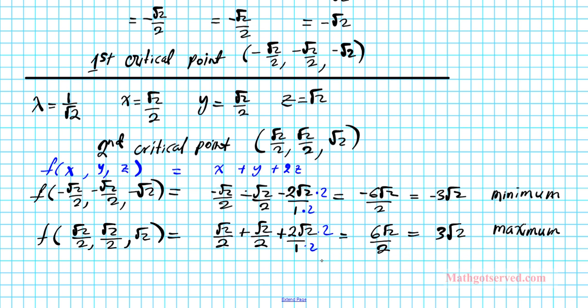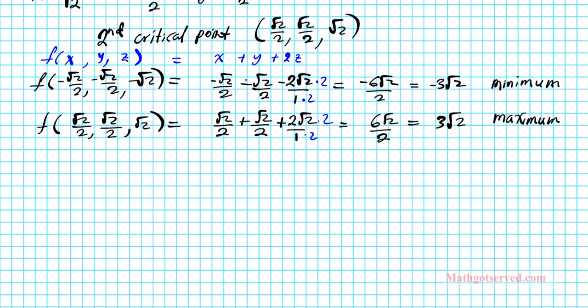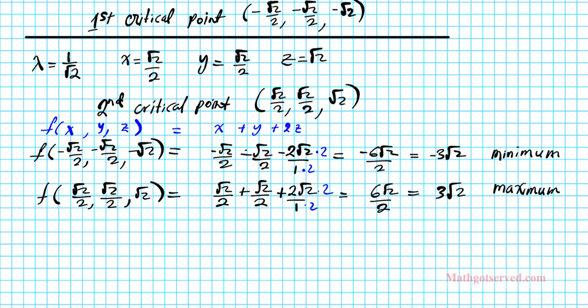Okay, so let's write down a sentence to just summarize what we just found to make sure we're answering the question. So we have the extrema of f. Where are they at?